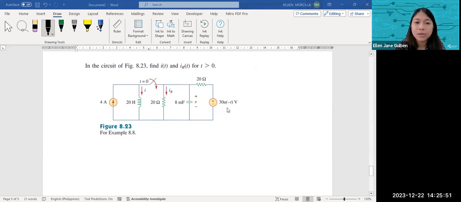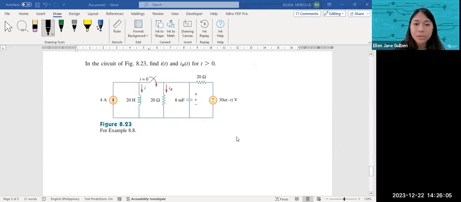Okay. So let's go ahead and solve this one. We are going to look for the I of t and the IR of t for t greater than 0. Before we solve for t greater than 0, let's solve first what happens at t less than 0.